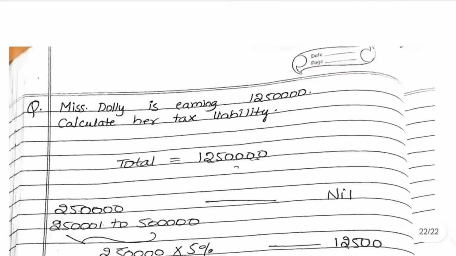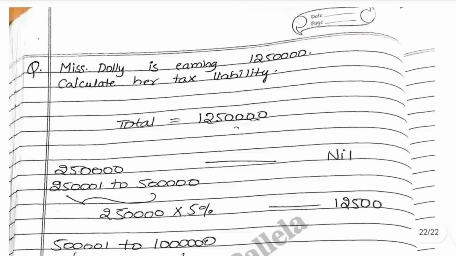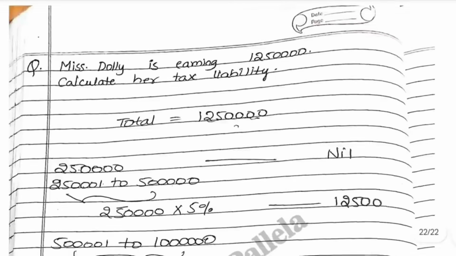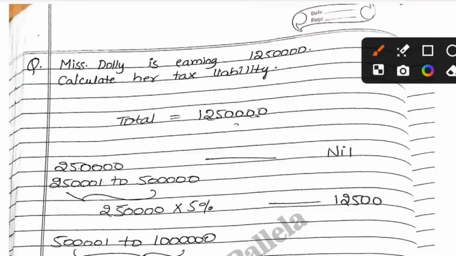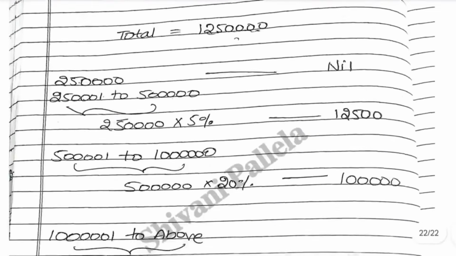In that, up to 2,50,000 the tax is 0 only, no? Then 2,50,001 to 5 lakhs rupees, how much is the difference? 2,50,000 will be the difference between these two, no? For that 2,50,000, what will be the percentage for non-senior? 5%. 2,50,000 into 5%, it is 12,500.